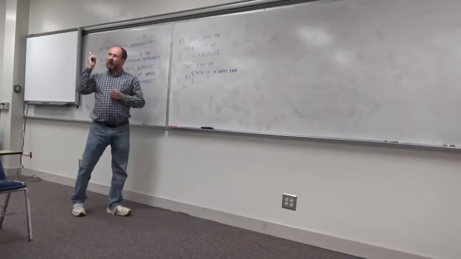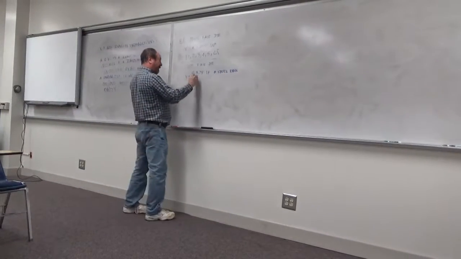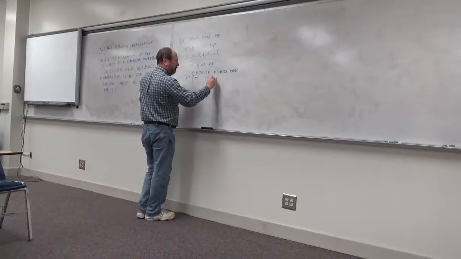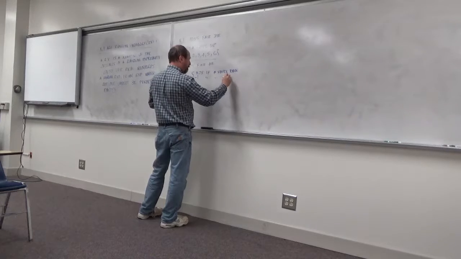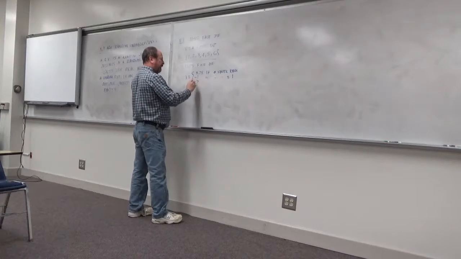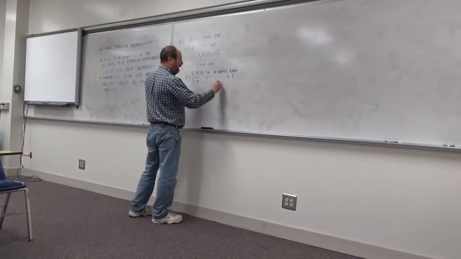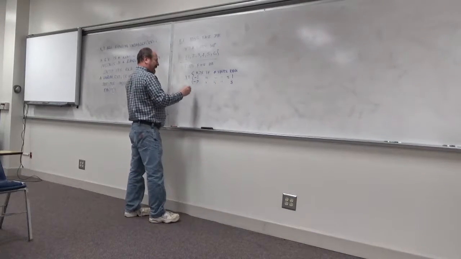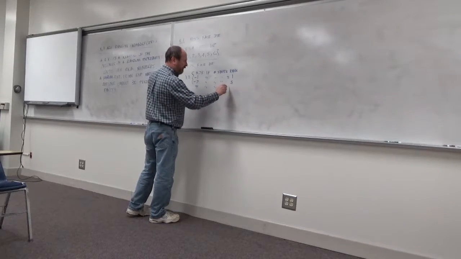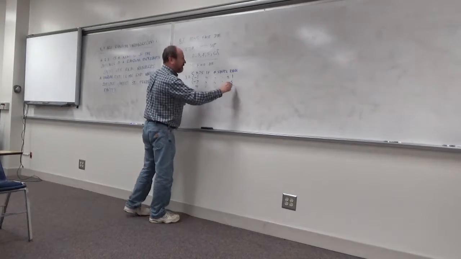Okay, so I've taken care of all the even. X is -1 if the number of spots equals 1. X is -7 if the number of spots is 3. And X is pi if the number of spots is 5.